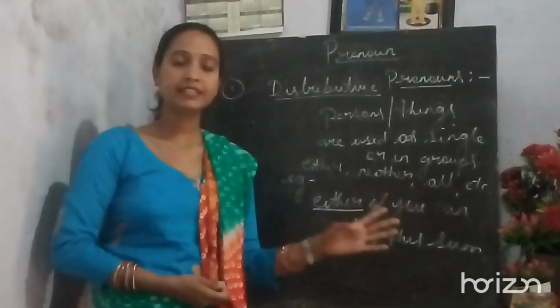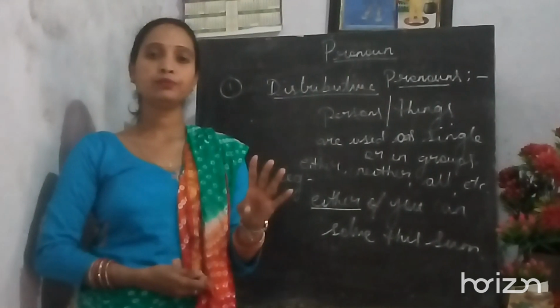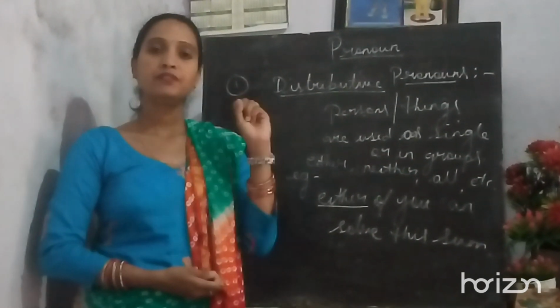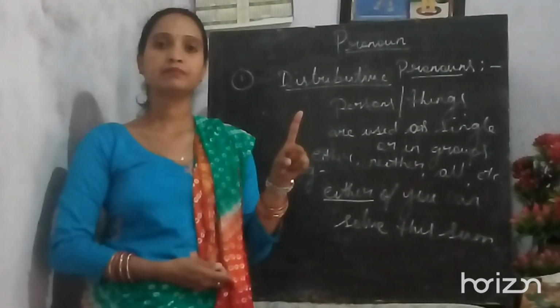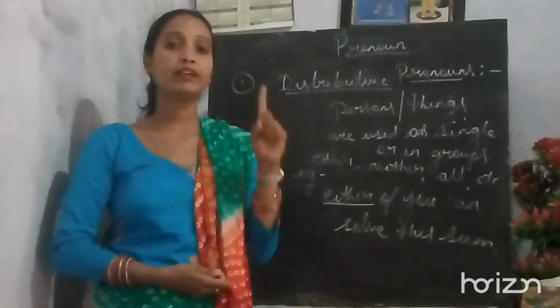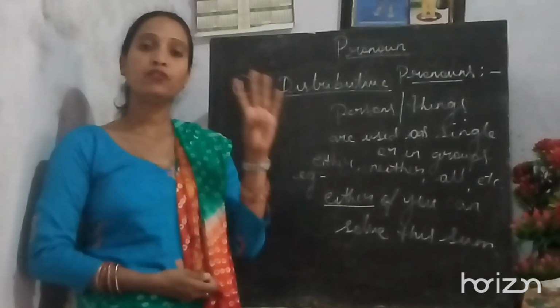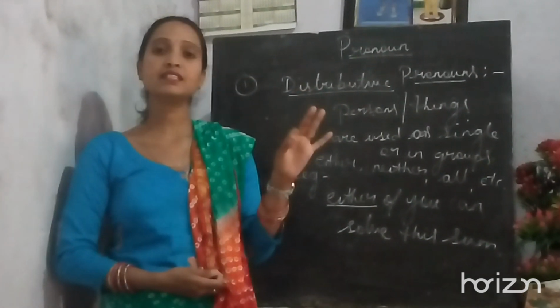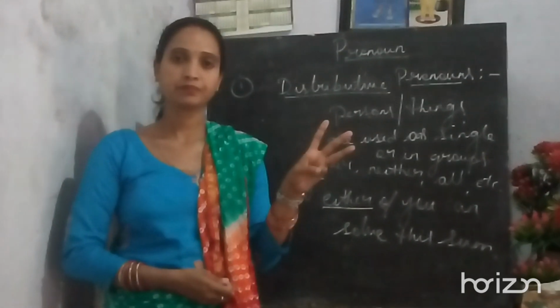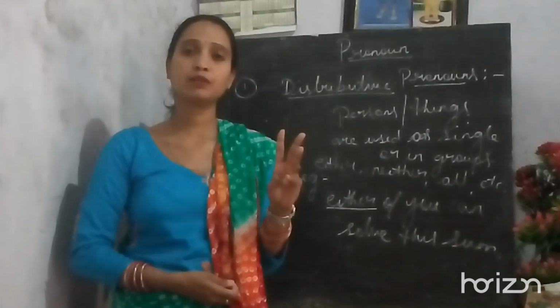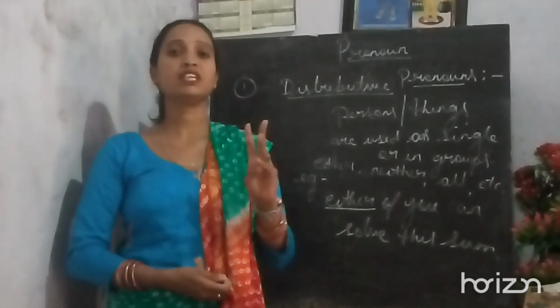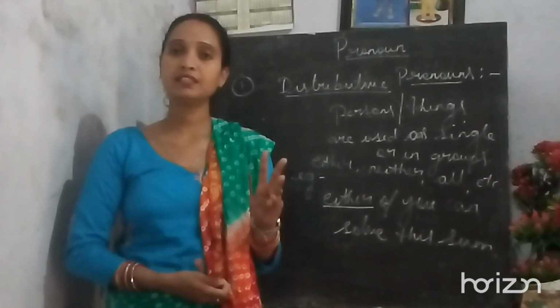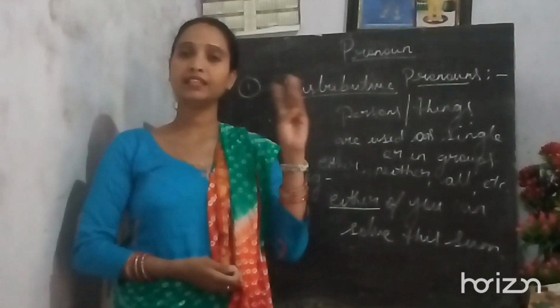Today we have completed 4 more pronouns. Remember the 4 of them. First, we discussed demonstrative, in which I told you the 4 main words are this, that, these and those. Second, interrogative, in which the WH family is there plus how, and at the end a question mark.